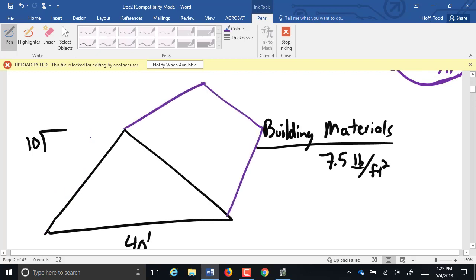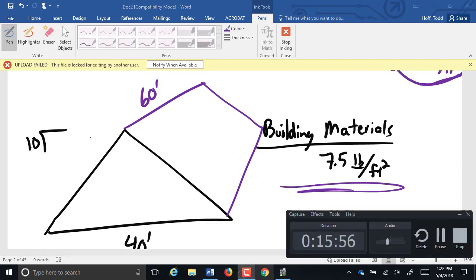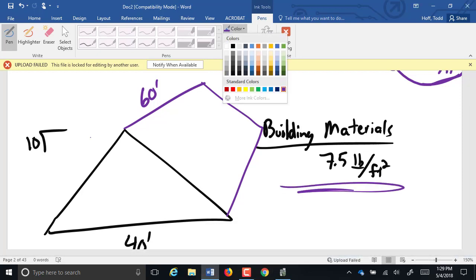If this roof is 60 feet long, calculate the weight of the building materials on that roof. I'll give you guys a minute to find the weight of the building materials. So we've got the slope correction factor is going to be what?